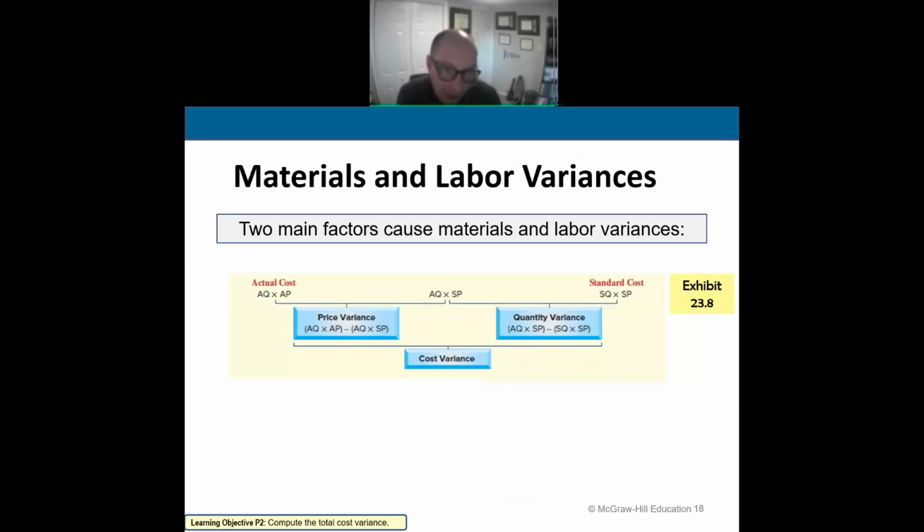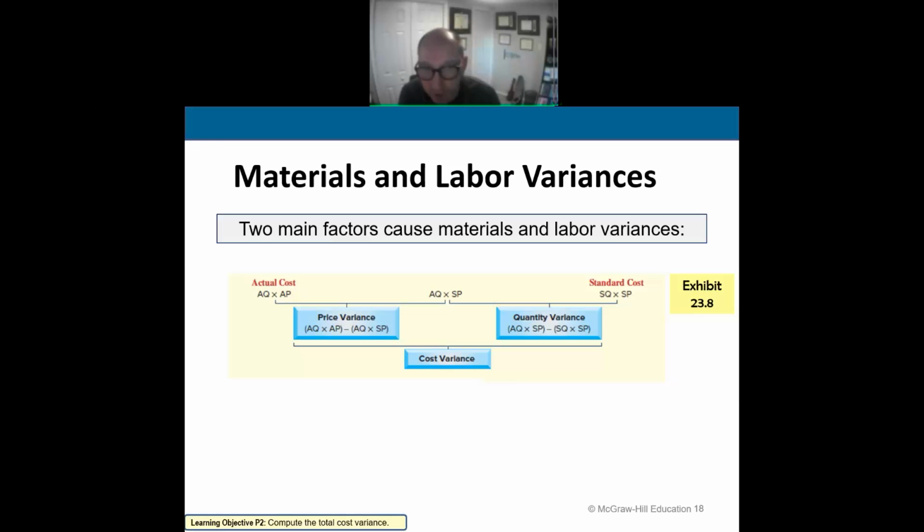First, I find my actual cost: actual quantity times actual price. Then I find my cost variance. Cost variance comes from the actual quantity times the standard price.